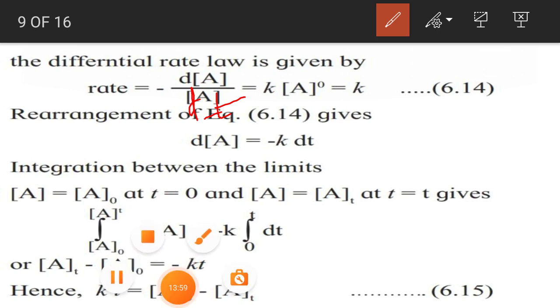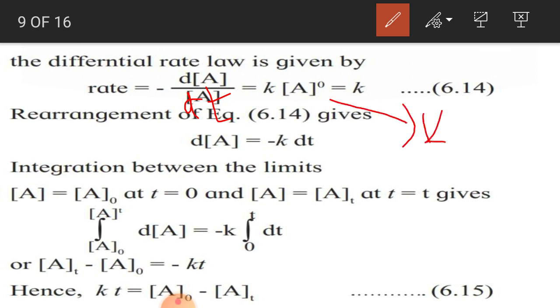As we know that A to the power 0 is equal to 1. Concentration A to the power 0 is equal to 1. So K into 1 will be equal to K. Fine.